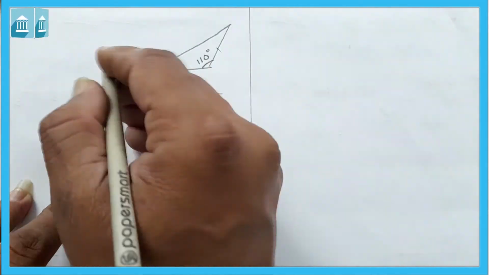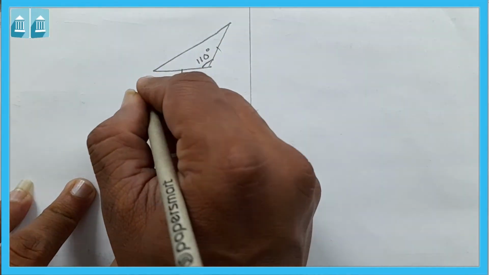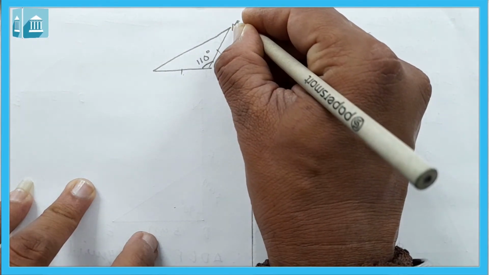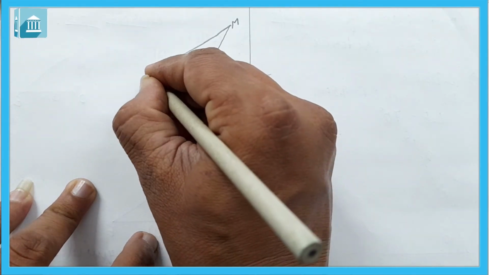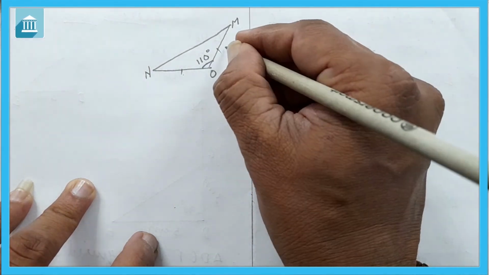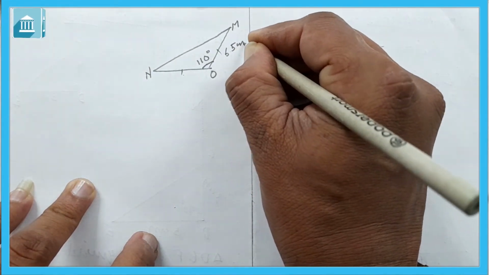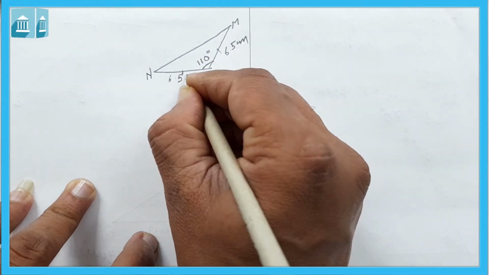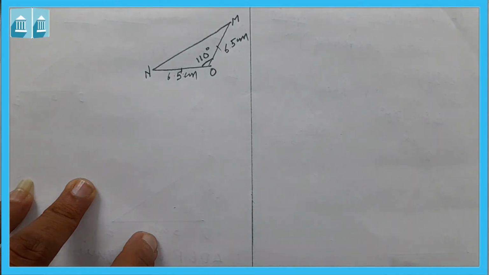Now let us name it M, N, O. Here it is given MO is equal to 6.5 centimeter. NO is given again 6.5 centimeter.